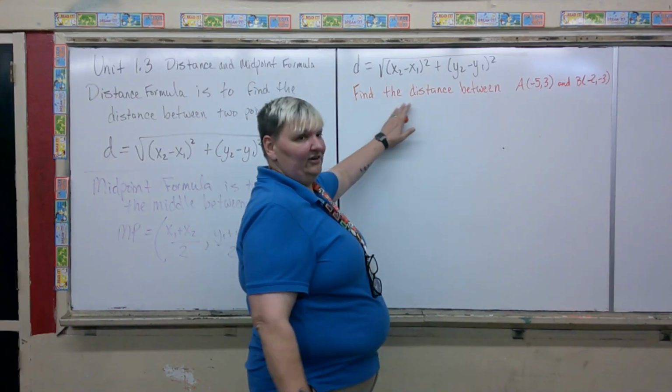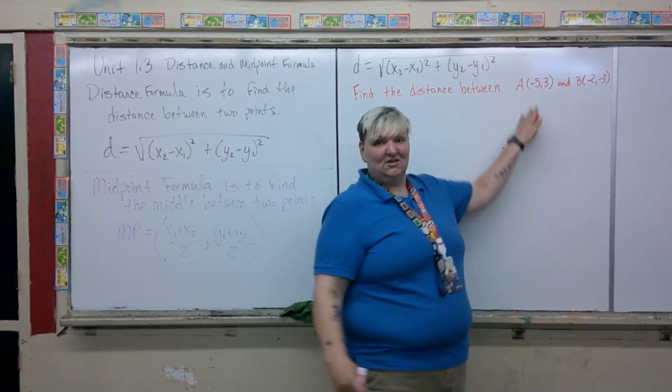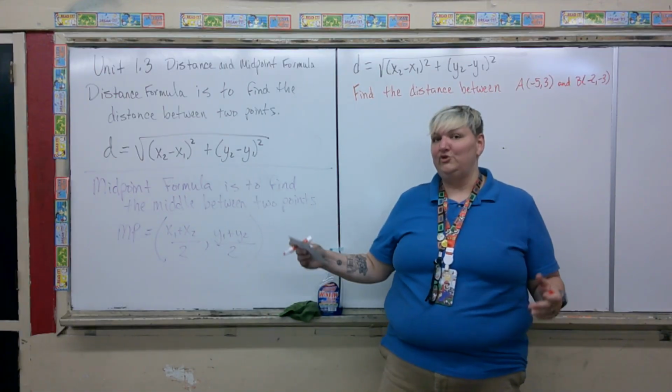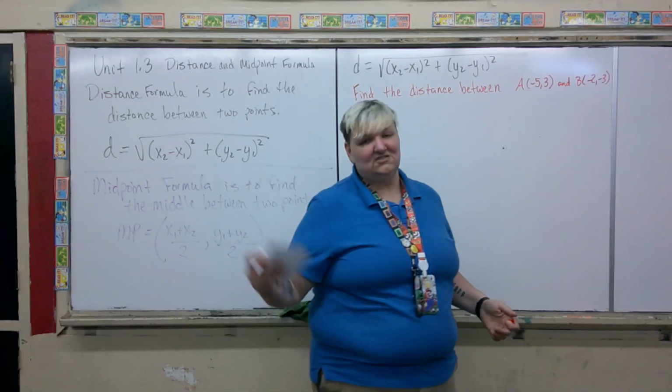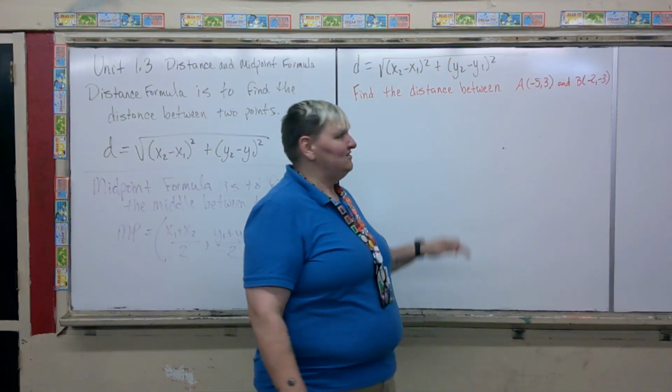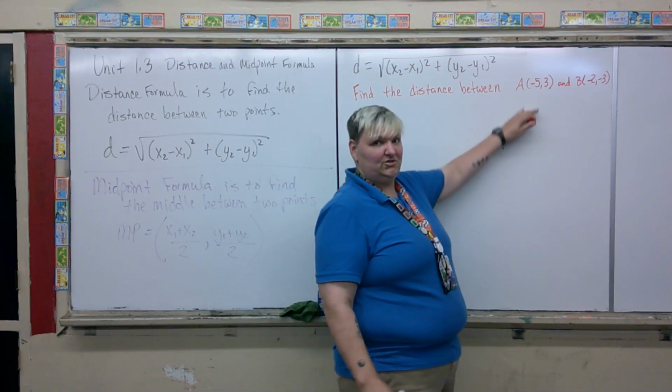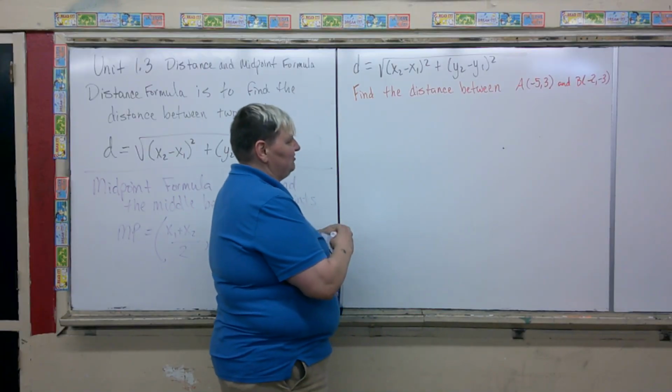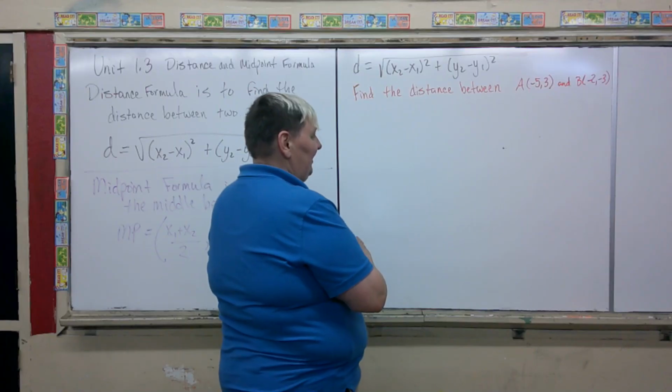Sometimes it will literally tell you the points. Sometimes it will be the points on the graph and you have to find the coordinates. This is why I showed you how to find the coordinates. Right? But if it just gives them to you, then all you have to do is use what they already gave you.